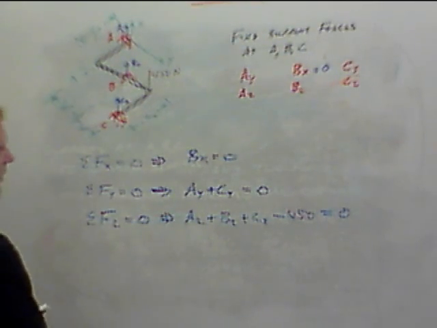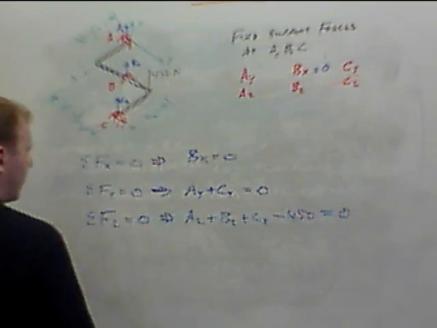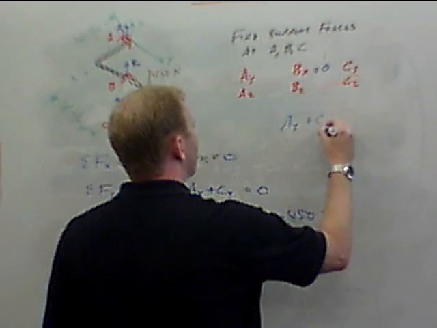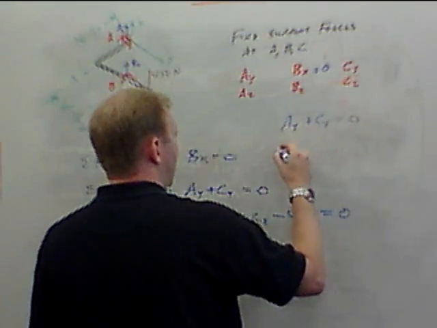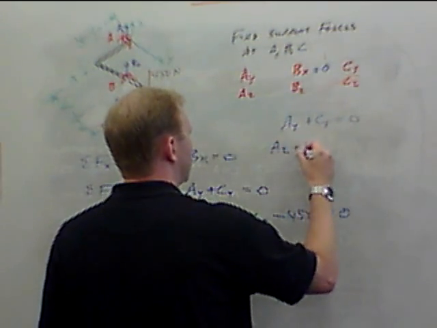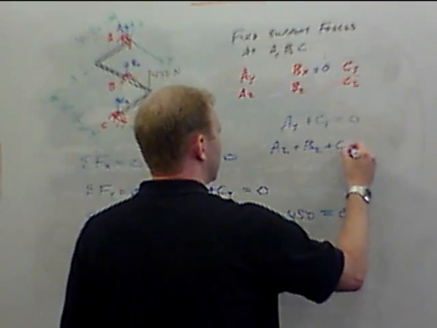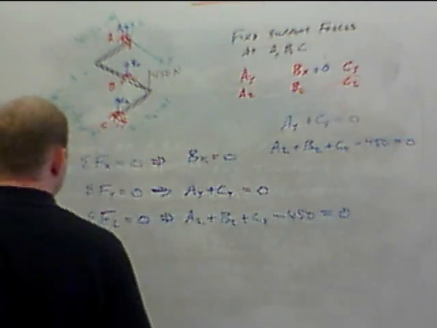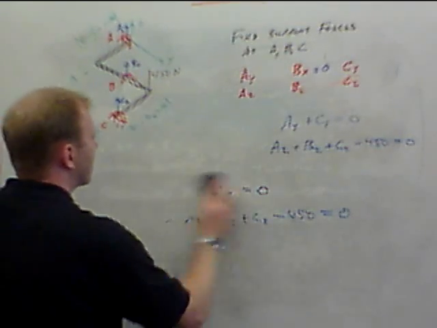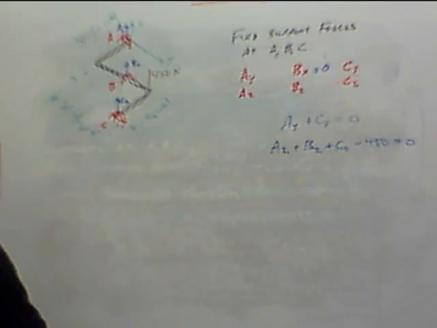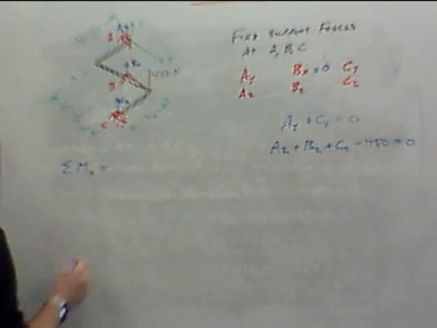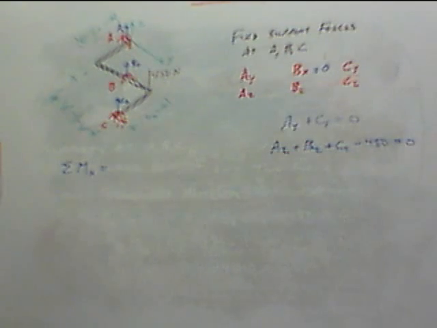I'll write my force equations down here: AY plus CY equals 0, and AZ plus BZ plus CZ minus 450 equals 0. Okay, so now we'll do summation of moments about the X.